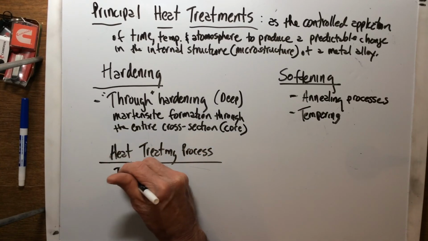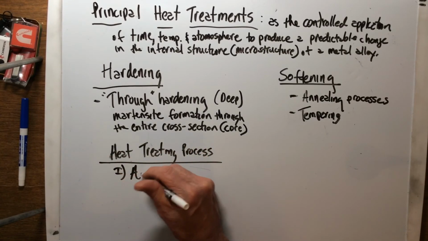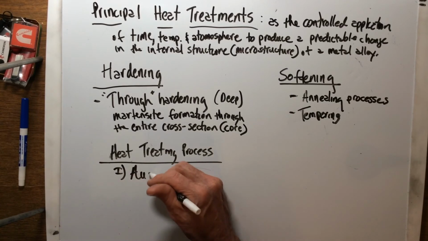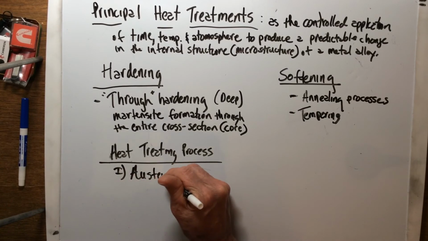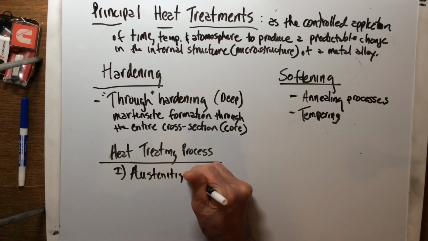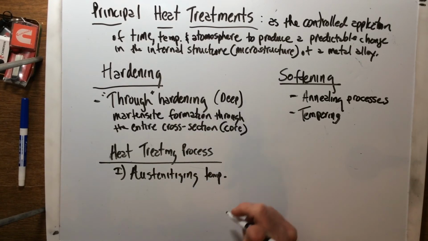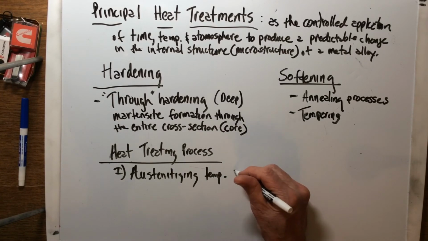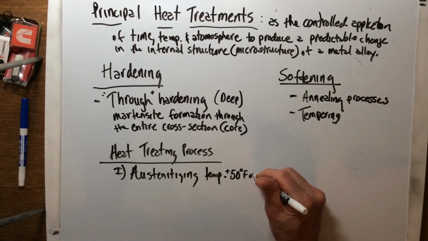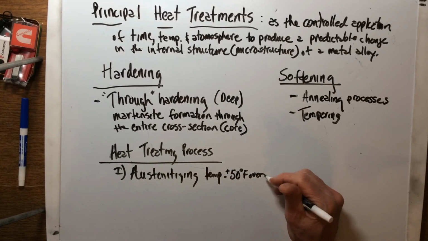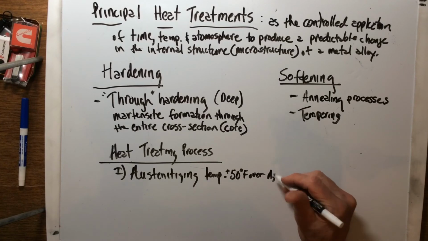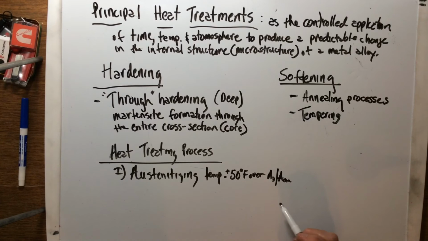First, you're bringing it up to what we call austenitizing temperatures. All right. And that's going to be roughly plus 50 degrees Fahrenheit over, usually, the A3, the upper transformation A3 or ACM lines on the phase diagram.